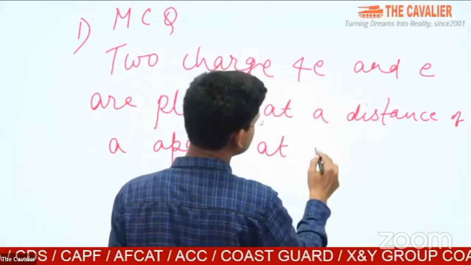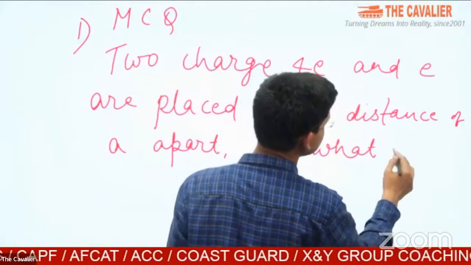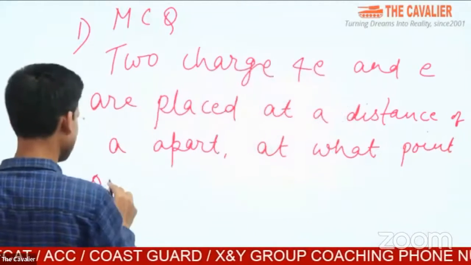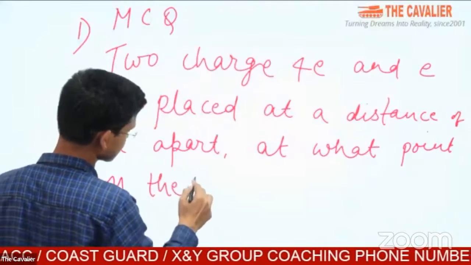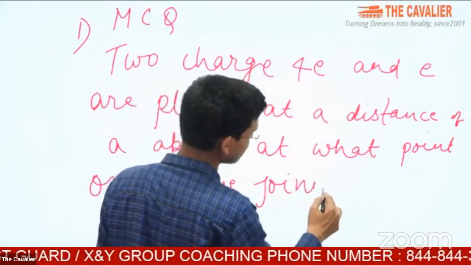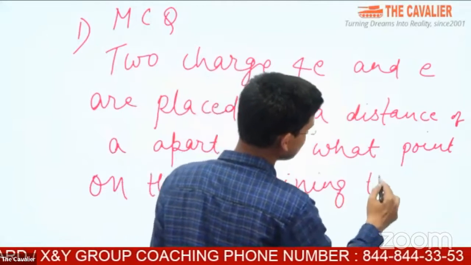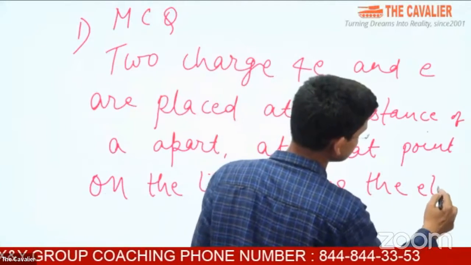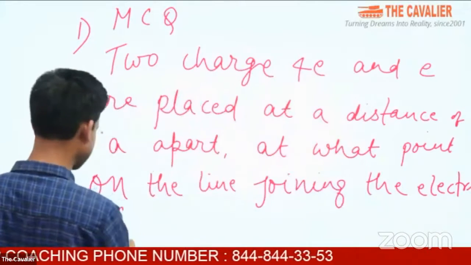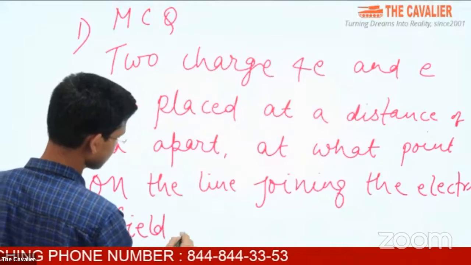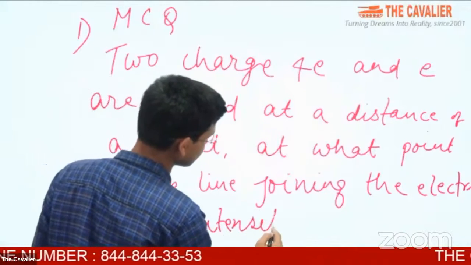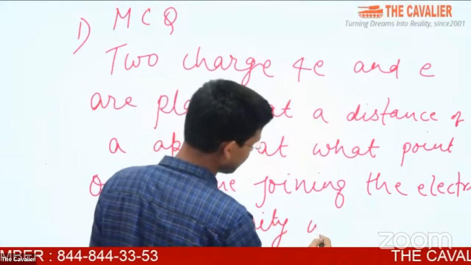At what point on the line joining them will the electric field intensity be 0?